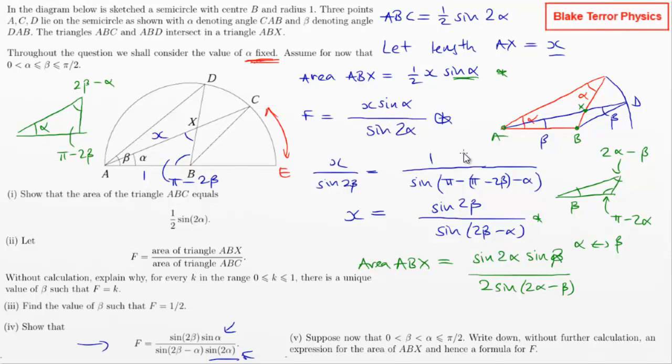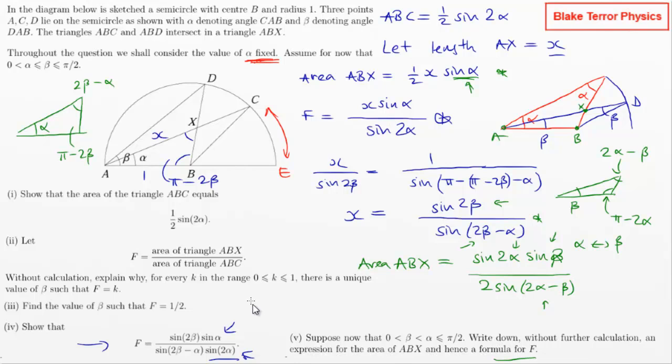So we've got the sine 2 beta, that one has become sine 2 alpha. The sine alpha has become the sine beta. And the sine 2 beta minus alpha has become sine 2 alpha minus beta. Okay, hence a formula for F. But ABC hasn't changed because C is fixed.